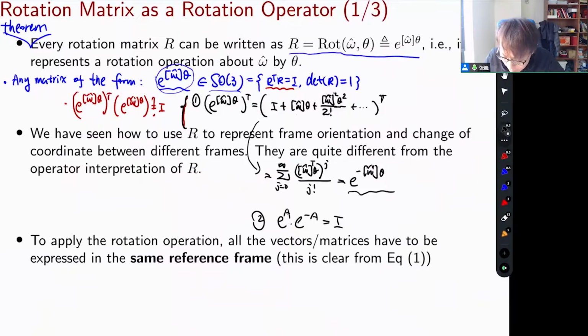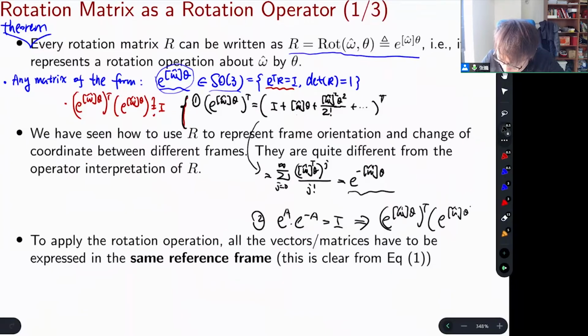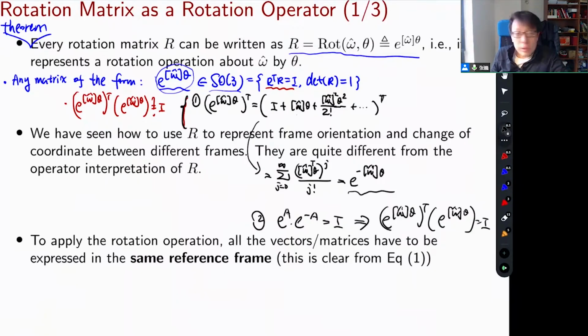Because of this, we can conclude that E to the omega hat theta, transposed, which is E to the negative omega hat theta, times E to the omega hat theta is identity. I quickly showed the reasoning steps. It's also an exercise in matrix exponentials and the properties of skew symmetric matrices.